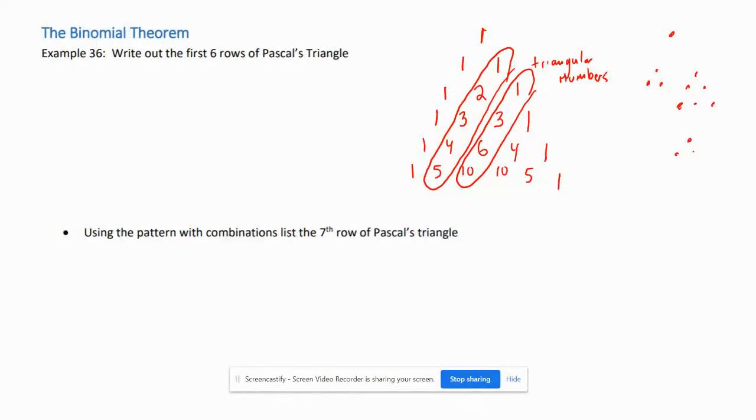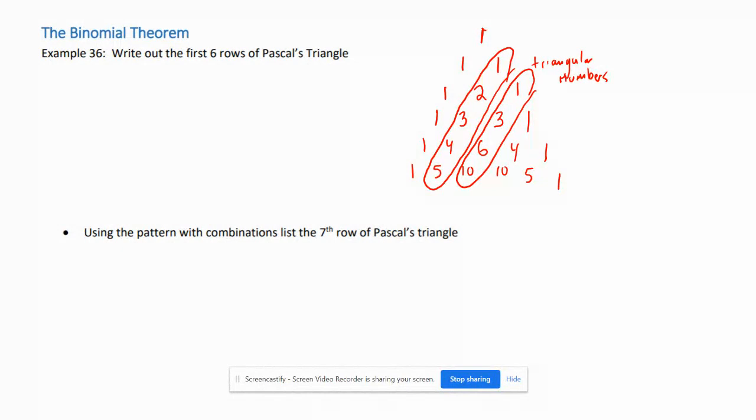If I draw another one like this, that is 10 dots and so forth. Okay, so guys, there's a bunch of patterns here. I haven't really proved why these numbers work the way they do, but it's not too important for what we're doing. But this triangle is full of a ton of interesting patterns.